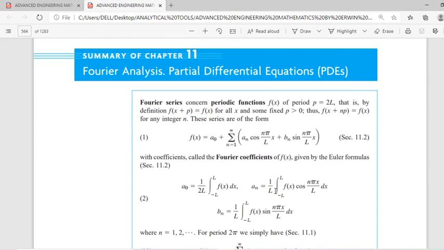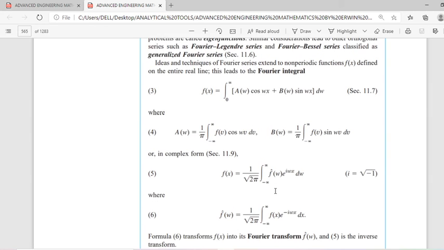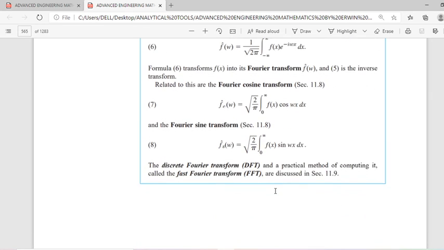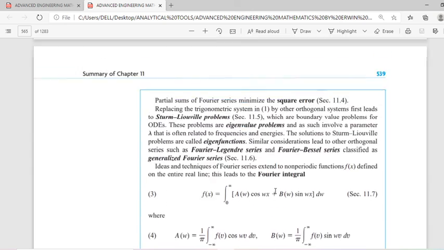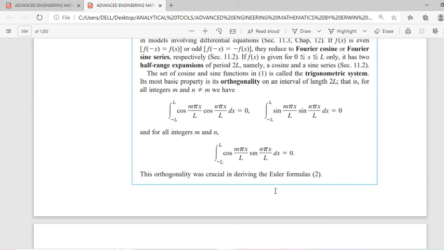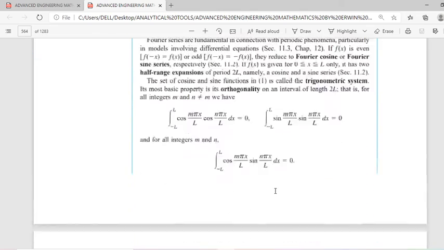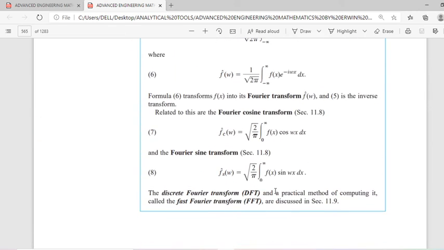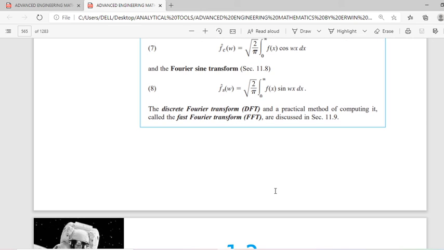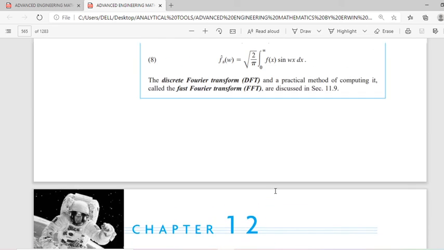Okay, here they have given the summary, and you refer to this summary also. This summary will guide you to remember the basic concepts we have discussed. I think we have discussed all these concepts in the last 2 or 3 classes. You just go through the syllabus and at least study the contents in the syllabus of our topic.